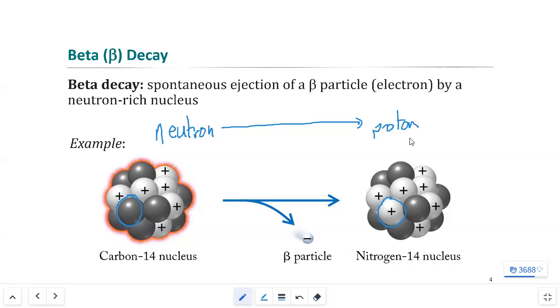If I get rid of the negative charge that is neutralizing that neutron, what's left is going to be a positive charge. And since protons and neutrons are almost about the same weight, it kind of makes sense. Now, is that actually what happens? Not really. But it's an easier picture to kind of visualize. That's what we're going for.